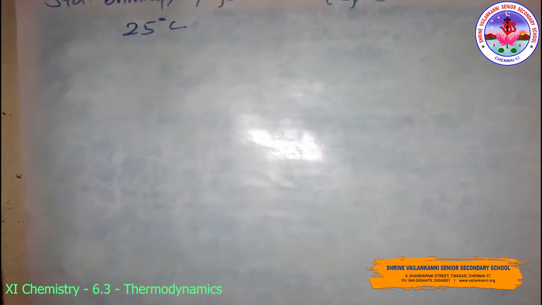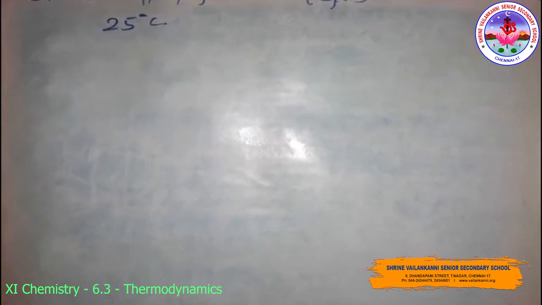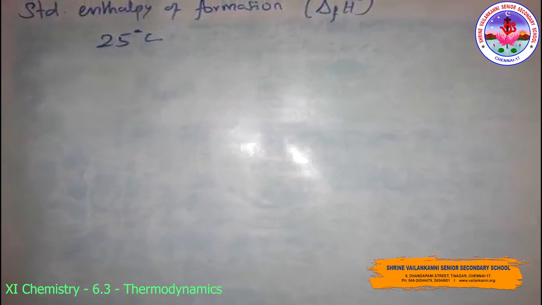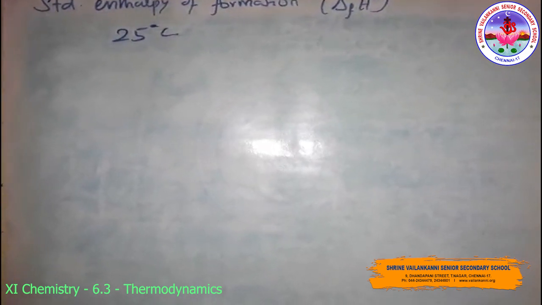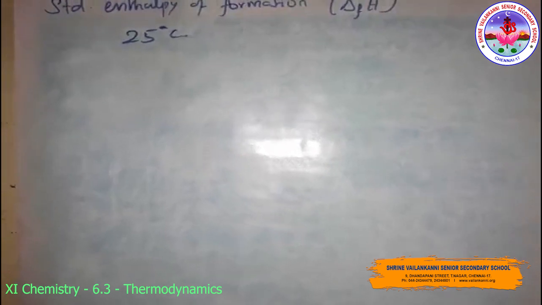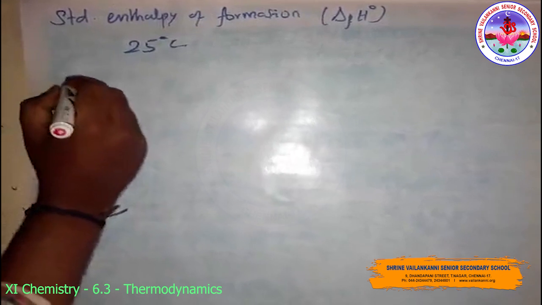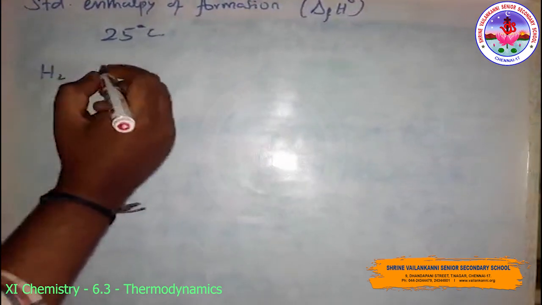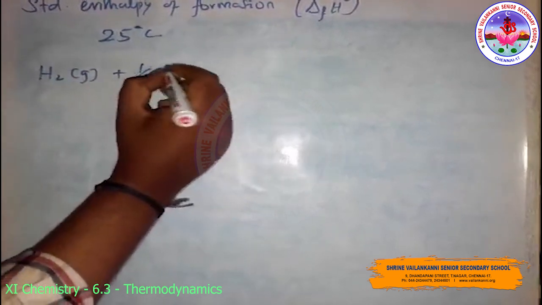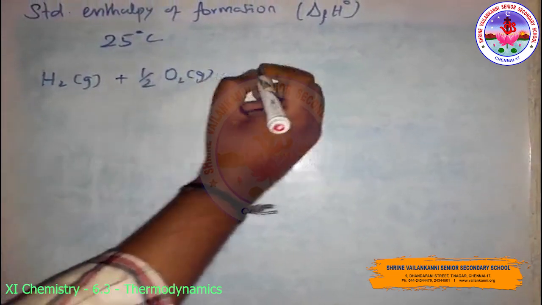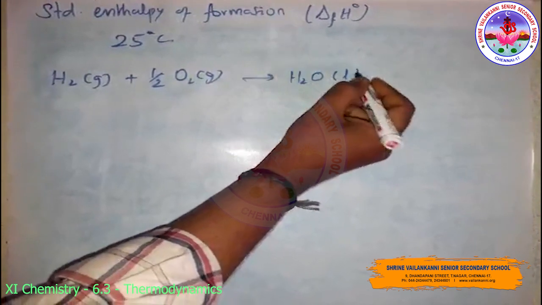For example, the reference states of dihydrogen, dioxygen, carbon and sulfur are H2 gas, O2 gas, graphite, and sulfur rhombic form. We will discuss some reactions here. Hydrogen gas reacts with half a mole of oxygen gas to form 1 mole of H2O liquid.